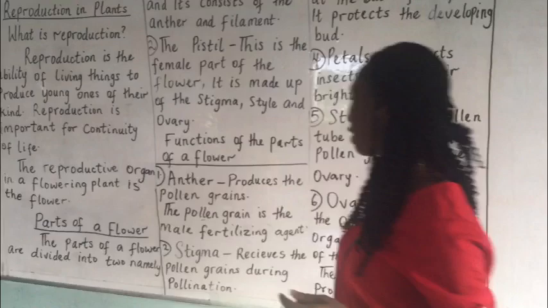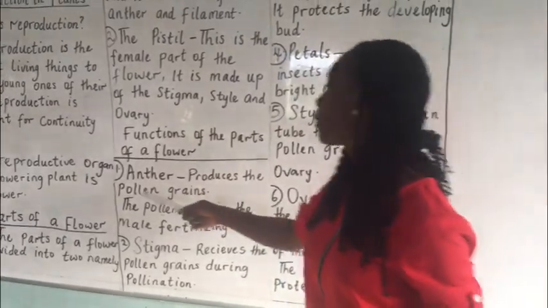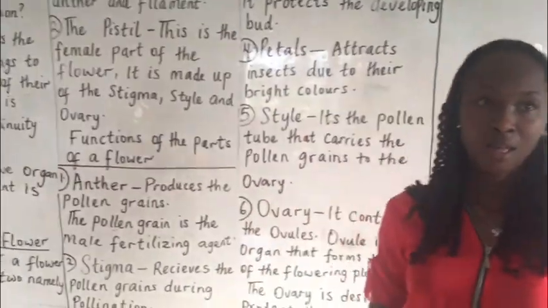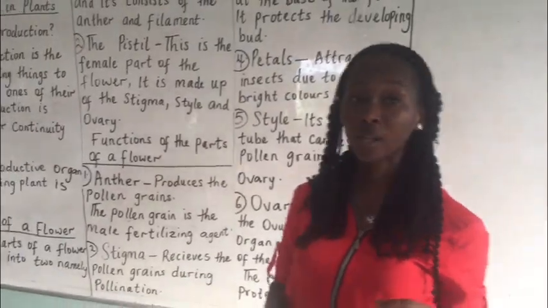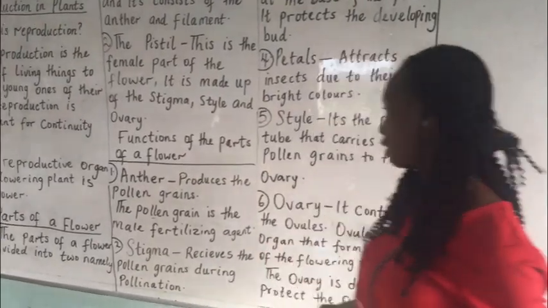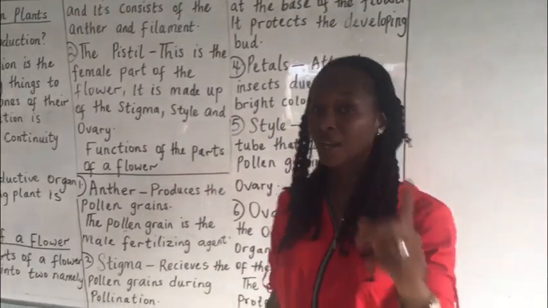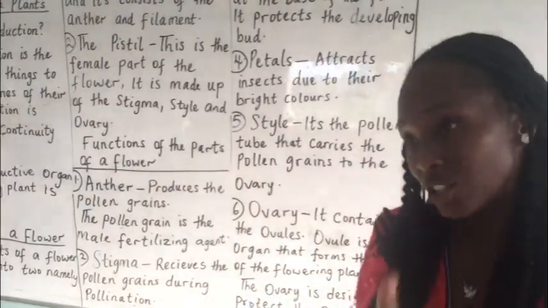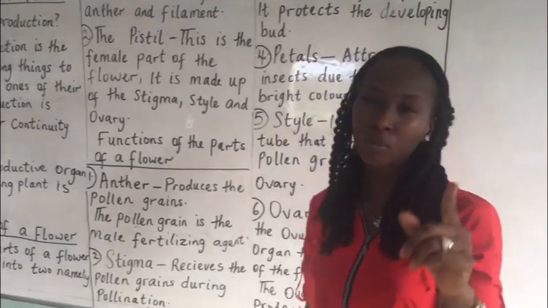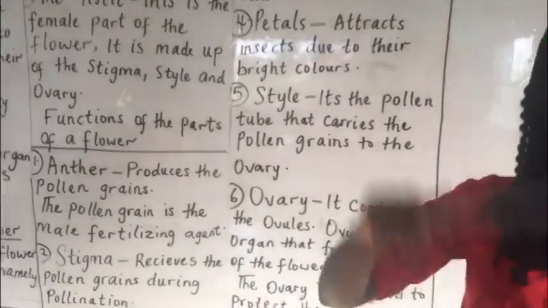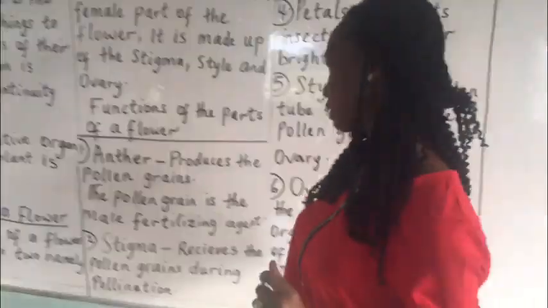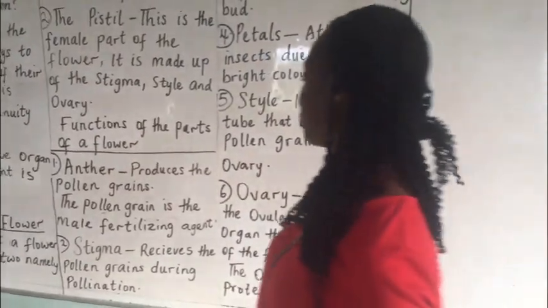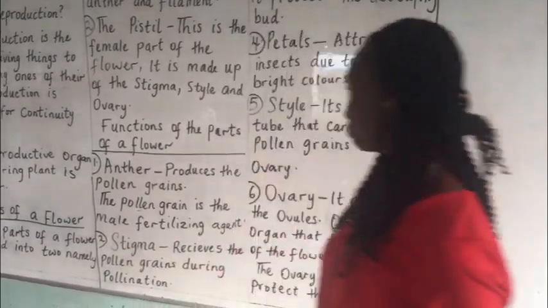The anther produces the pollen grains. And what is a pollen grain? The pollen grain is the male fertilizing agent. You're going to learn more about the pollen grain when I teach you pollination, so stay in touch.